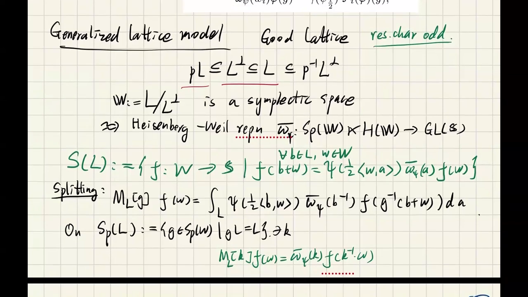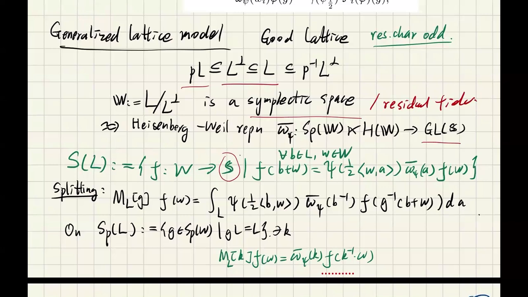So the point is that L divided by L perpendicular is again a symplectic space, but over the residue field. Therefore, you can define the Heisenberg Weil representation for the symplectic group over the residue field. And the generalized lattice model is realized as locally constant functions on W, which is a symplectic space, to any model of the Heisenberg Weil representation over this finite group.